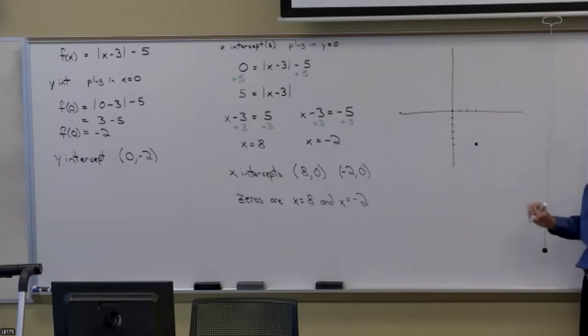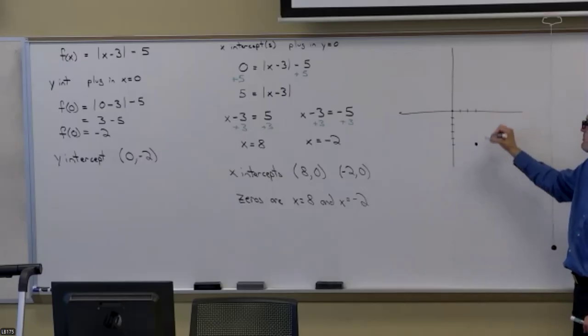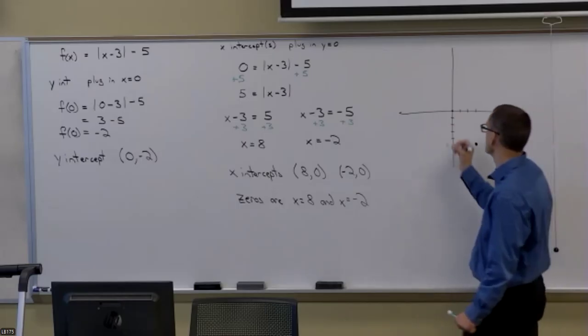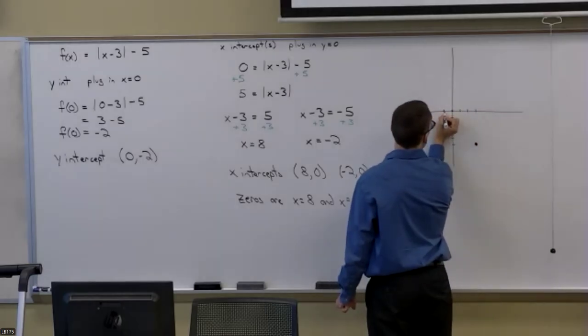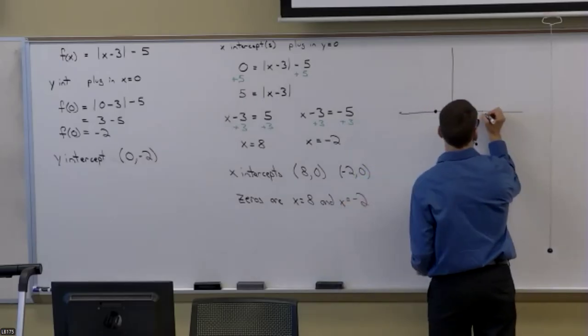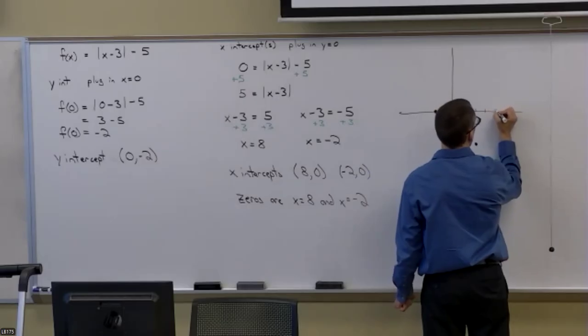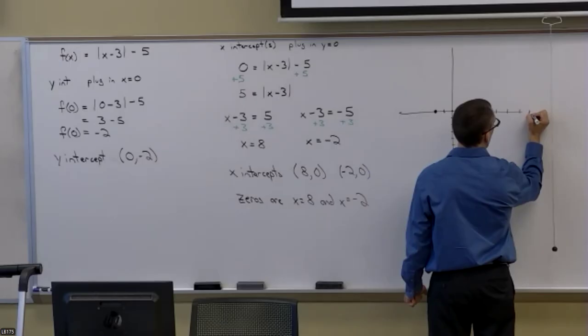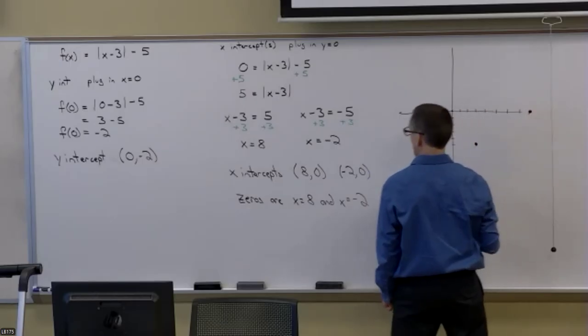And then if I didn't want to draw the thing by hand, I can say now I know I have x-intercepts at negative 2, 0. So there's 1. And at 8, 0. There's another.